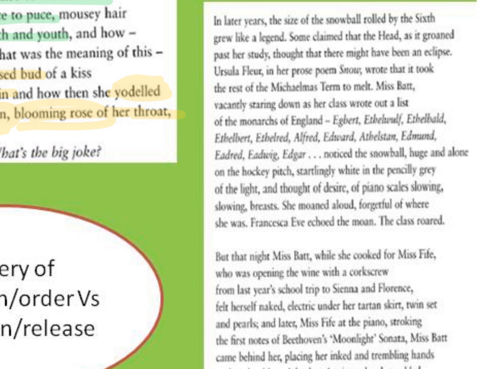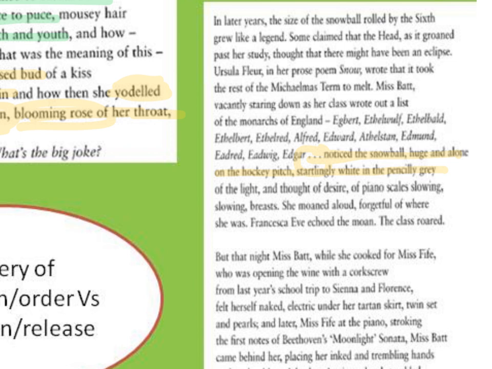"Miss Bat vacantly staring down as their class wrote out a list," of course, alphabetical, very boring, very uninspiring. "She noticed the snowball, huge and alone, startlingly white in the pencily grey of the light." Obviously this gets towards the idea of the sterility and the boredom of this climate and this atmosphere.